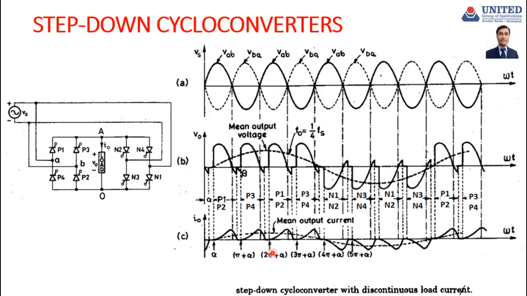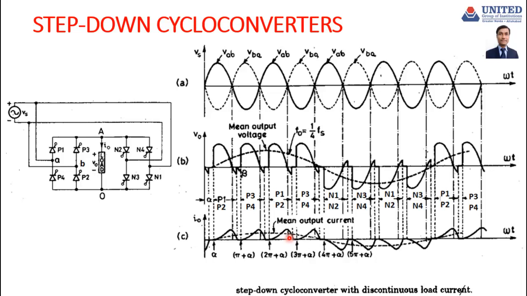At omega t is equal to 2 pi plus alpha, P1 and P2 are again turned on, and load current flows.